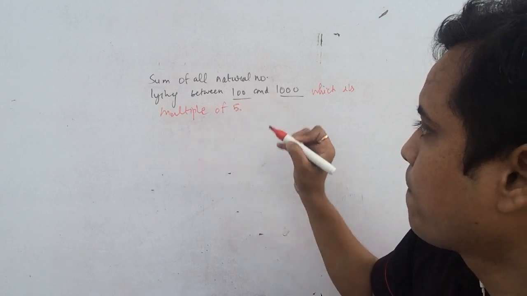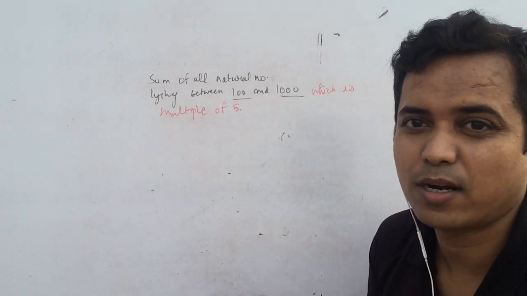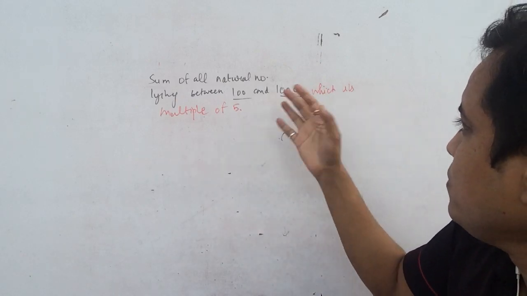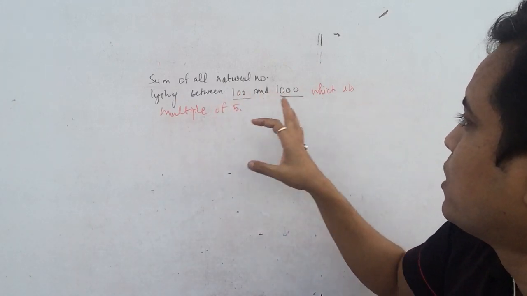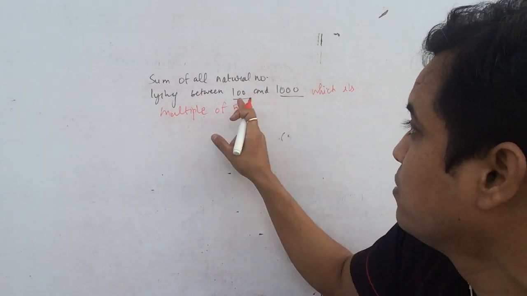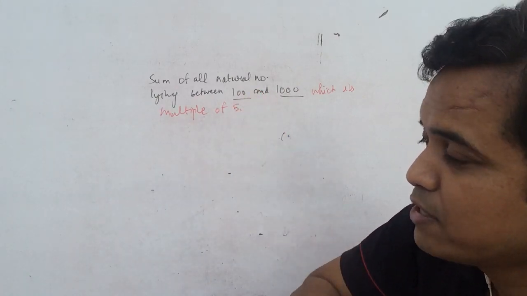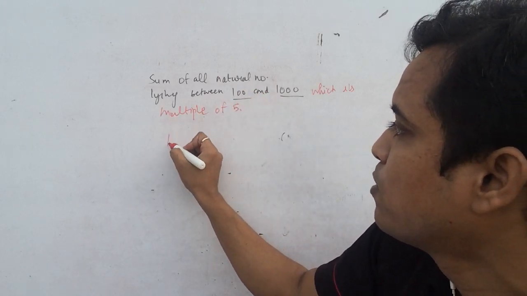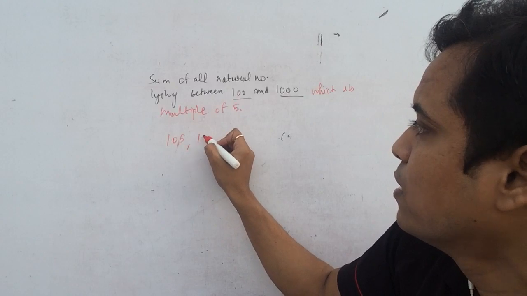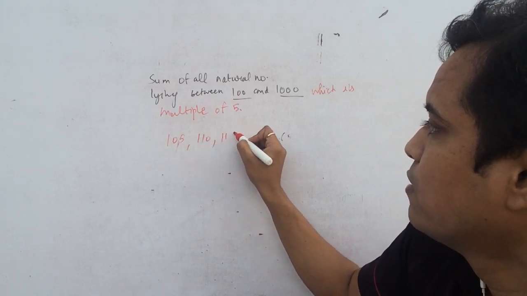5. So the condition is this: numbers between 100 and 1000 which are multiples of 5. So you don't need to consider 100. The next number which is a multiple of 5 is 105, then 110, again 115.